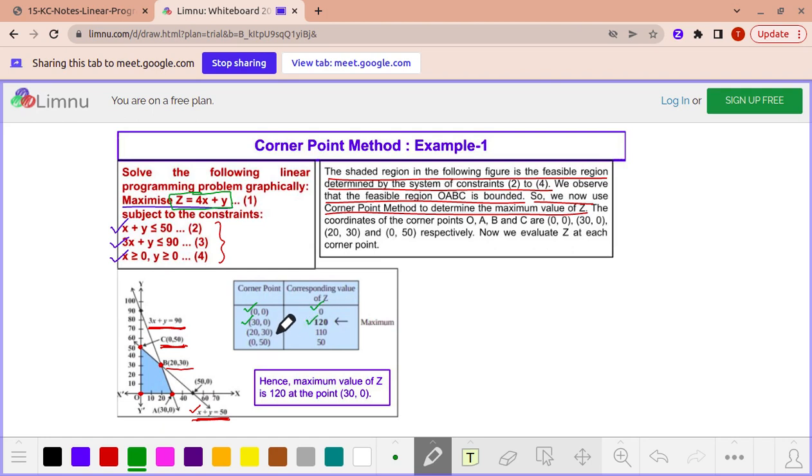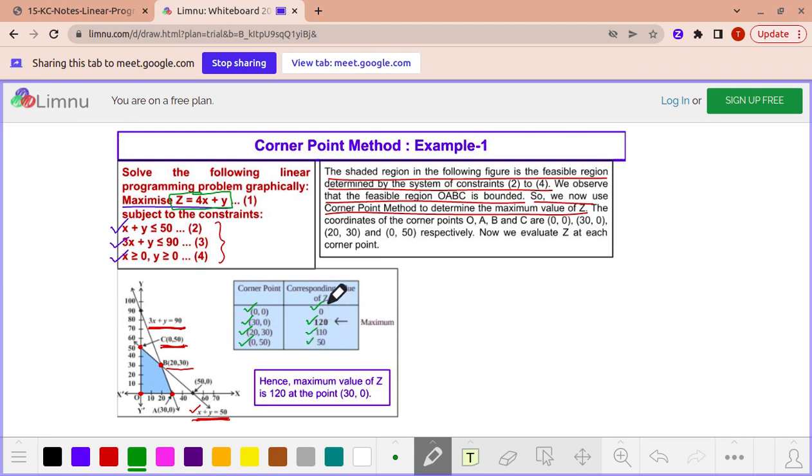For the third point B, that is 20 comma 30, we get 4 into 20 plus 30, that is equal to 110. And finally, for the point C, with coordinates 0 comma 50, we get 4 into 0 plus 50, that is 50.